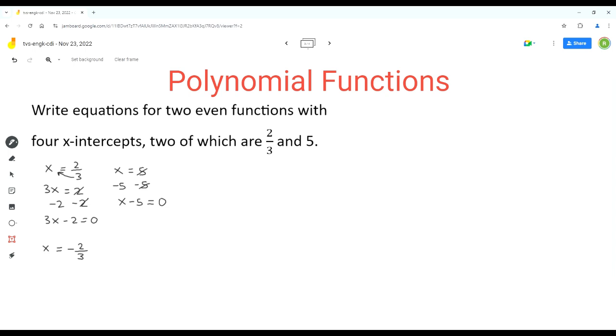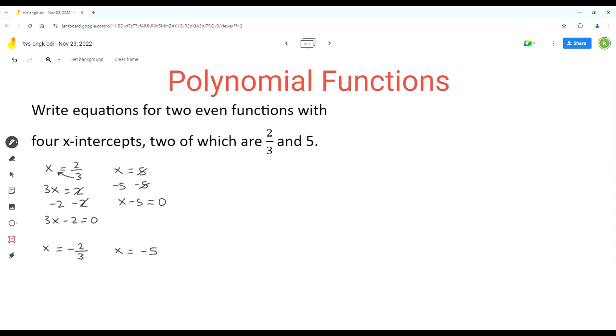This is a very important concept we need to understand to solve this type of problem. The fourth x-intercept can be x equals negative 5 because one of the given x-intercepts is 5. So negative 5 will be equidistant from the y-axis on the other side of the y-axis.